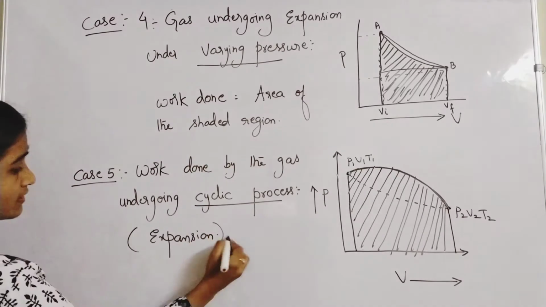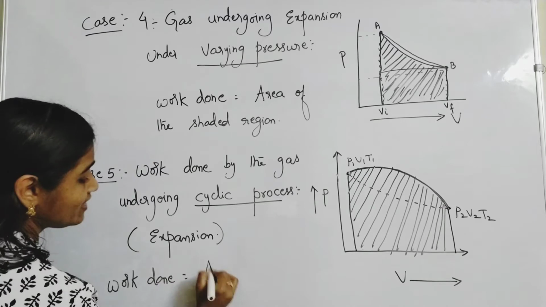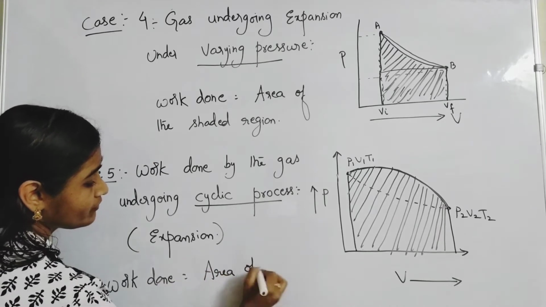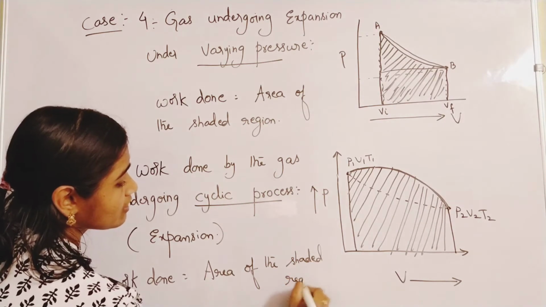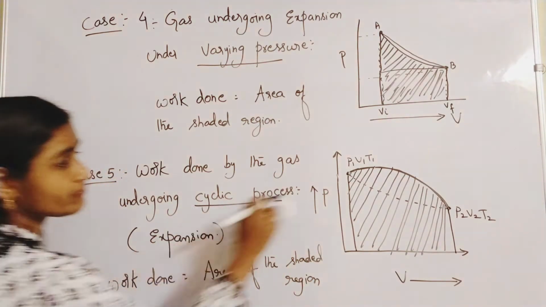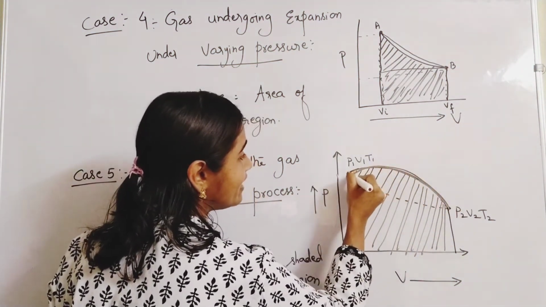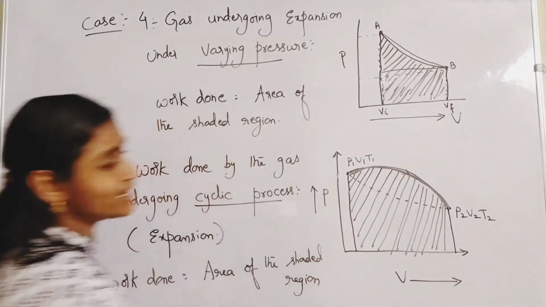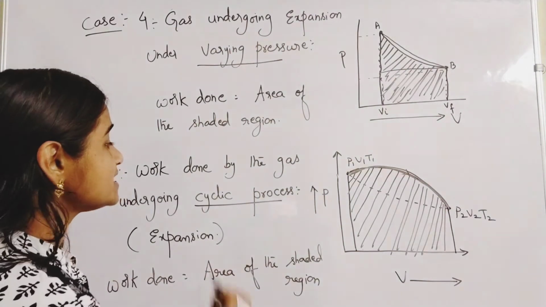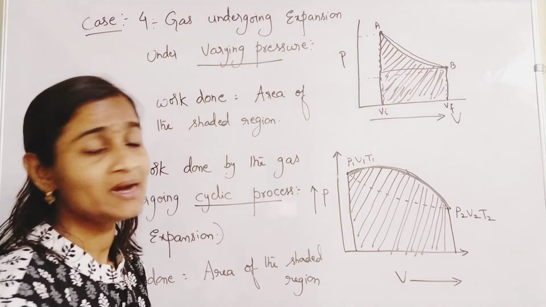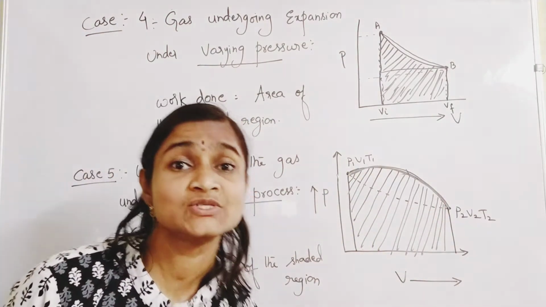So work done is again the area of the shaded region. In case of expansion, the curve will be bulging outside, solid line. You'll be drawing like this. Same is the case with compression also, but now you will be drawing the bottom curve as a solid line.